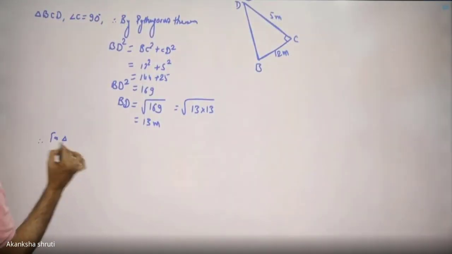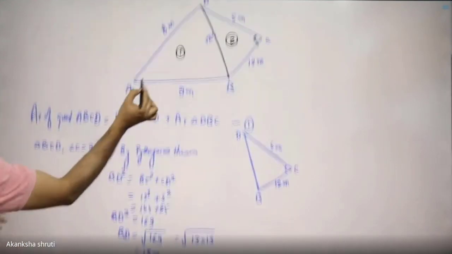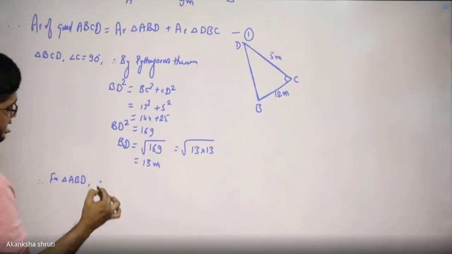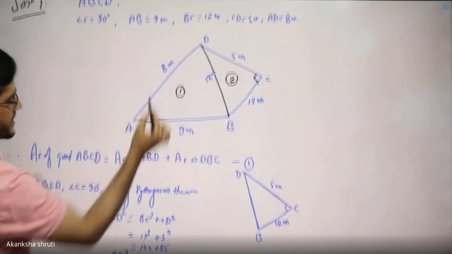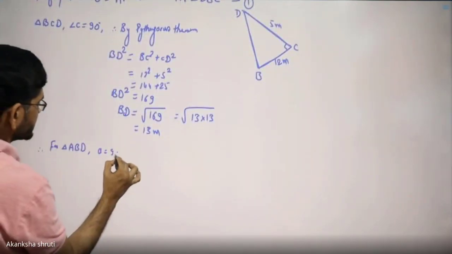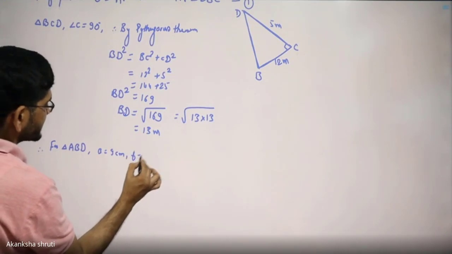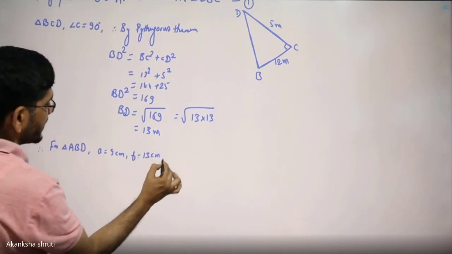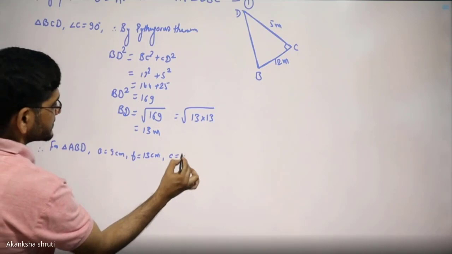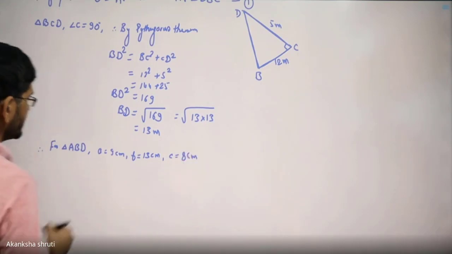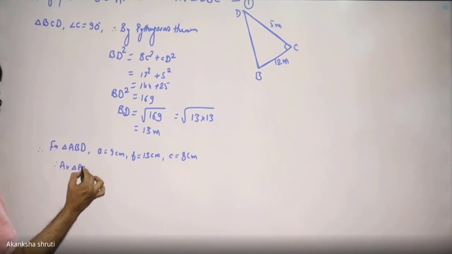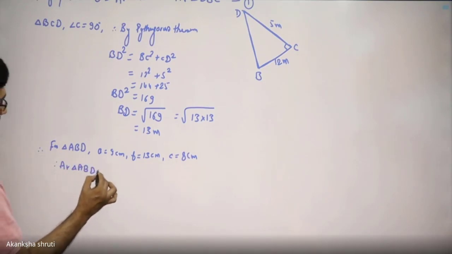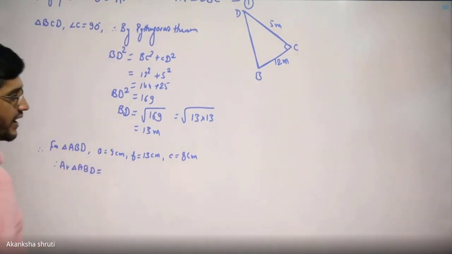Therefore, now we need to consider the triangle ABD. Its side lengths are, students, 9 centimeter, 13 centimeter, and 8 centimeter. We may consider 9 centimeter as A, 13 centimeter as B and 8 centimeter as C. Therefore, the area of triangle ABD can be calculated by how?